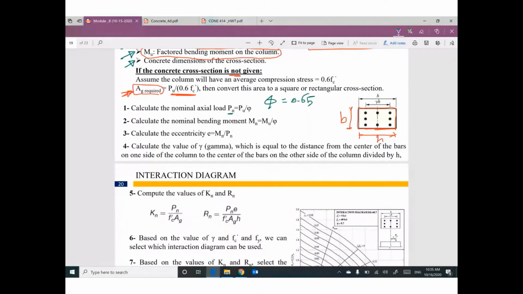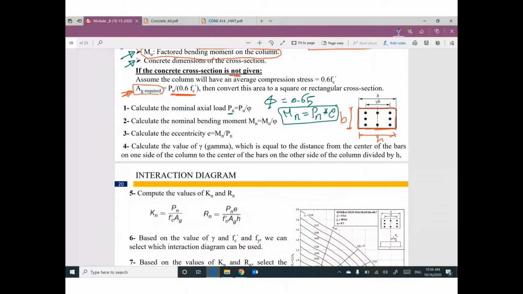Calculate the nominal bending moment, Mn equals M ultimate divided by phi. One more time, Mn equals Pn times e also. So P times eccentricity equals Mn.